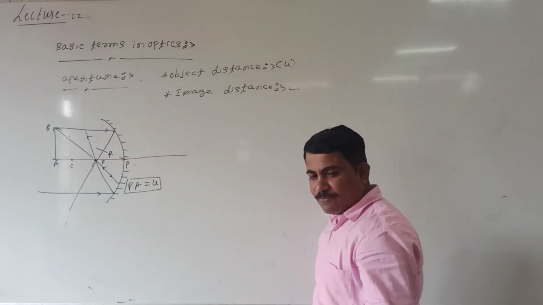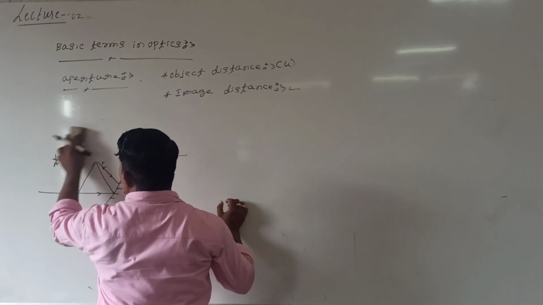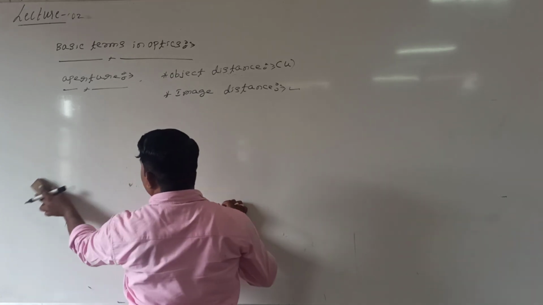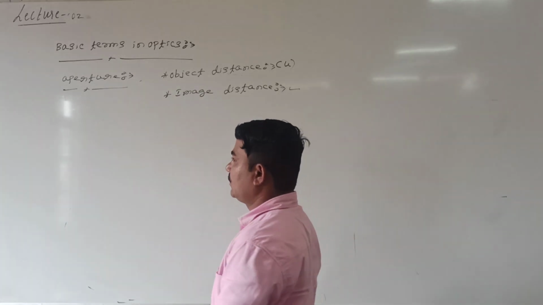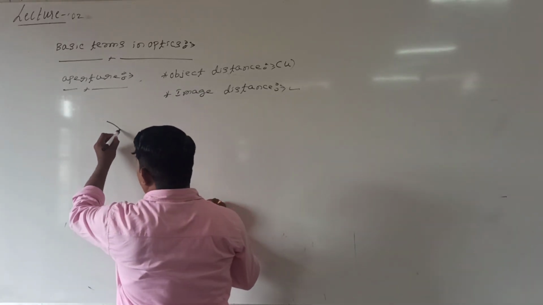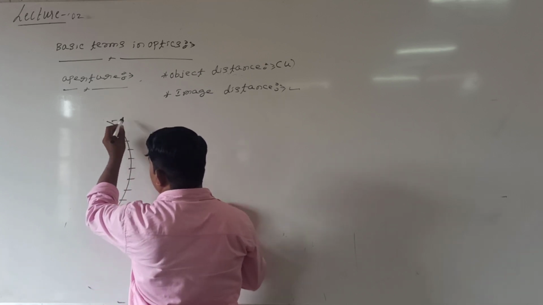Look here. For my convenience I can take a separate diagram. How can the image appear on the given mirror? Again I take a concave mirror, this is the reflecting surface.